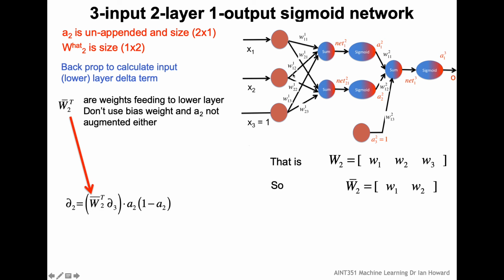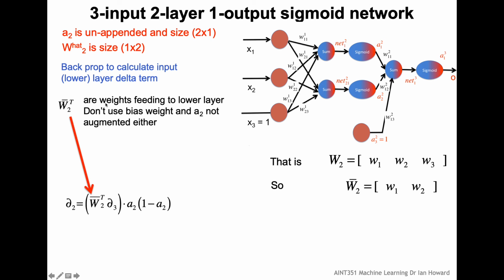And in order to calculate the effective errors at A1 and A2, we don't need the full weight matrix W2. We just need the one that relates to the first two terms, and not the term which actually relates to the bias. So that's what we're calling W2 hat.